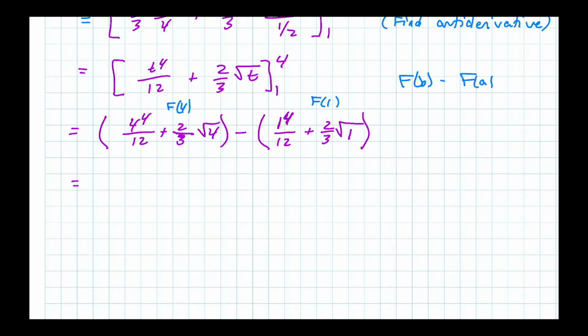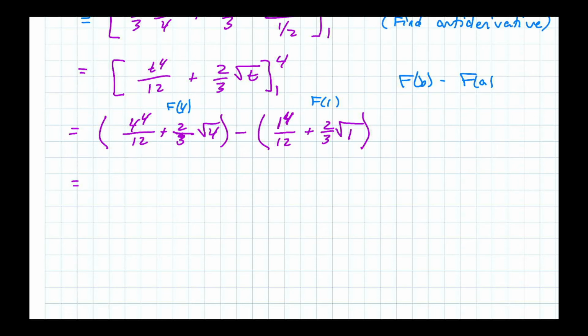So 4 to the 4 is what? I don't know. 16 times 16, I can't do that. Is it 256? I feel like it's 256, but I don't know. So let me grab a calculator here. That'll work. 16 times 16, or 4 to the 4.